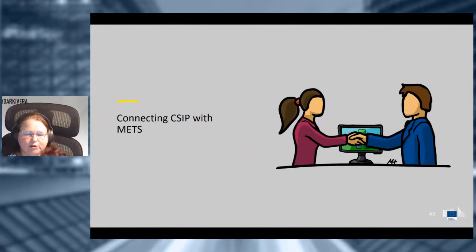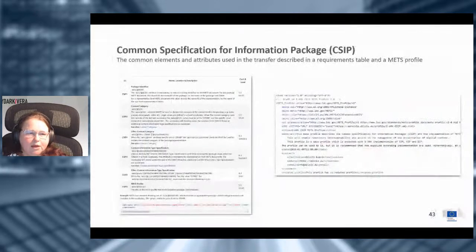I'm talking about CSIP, I'm talking about METS, but how do we make them actually shake hands? How do we connect these two? In METS, when you're using the standard METS, as I said, the only required element was the struct map.